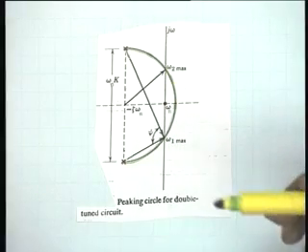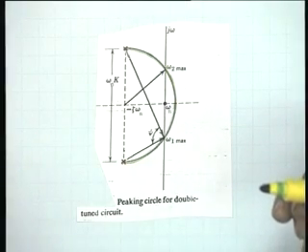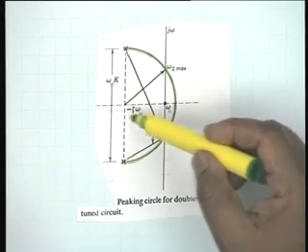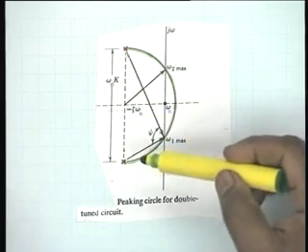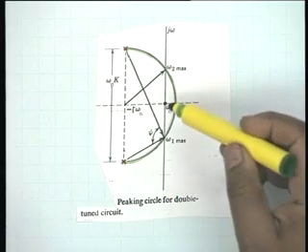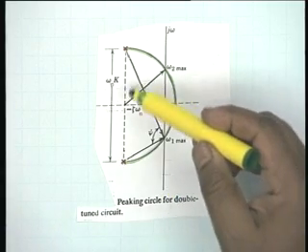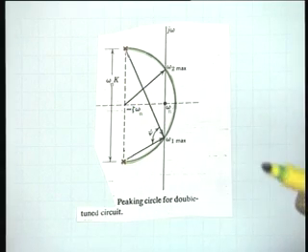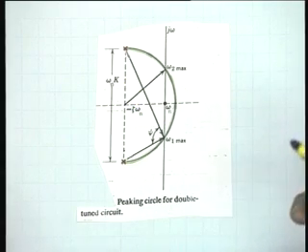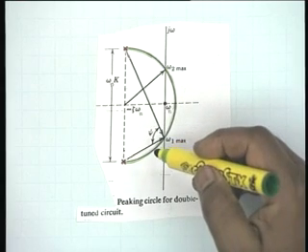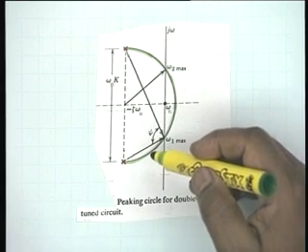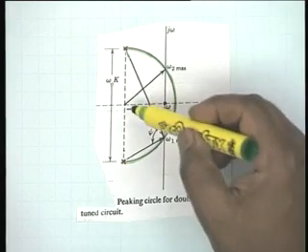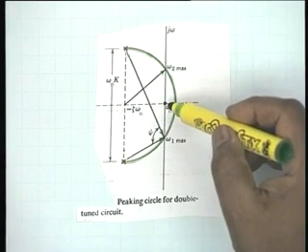You also realize before passing further that this circle may or may not intersect the j omega axis, depending on the relative values of k and zeta. The circle intersects when omega n k by 2 is greater than zeta omega n, so k is greater than 2 zeta.